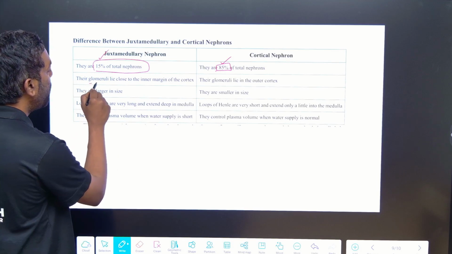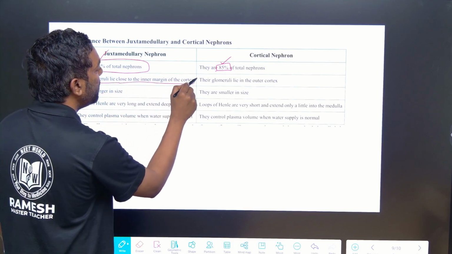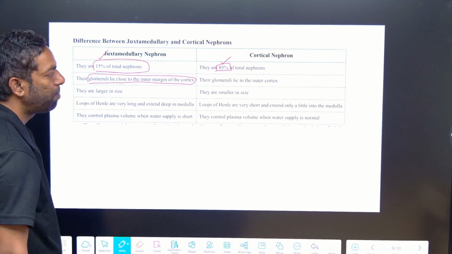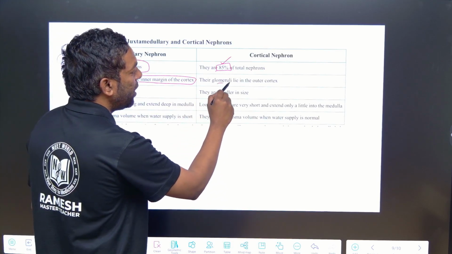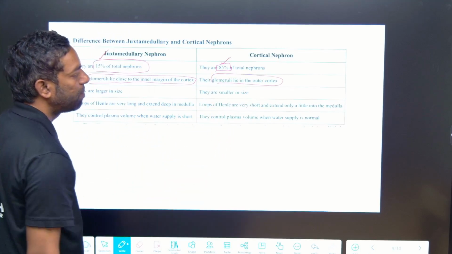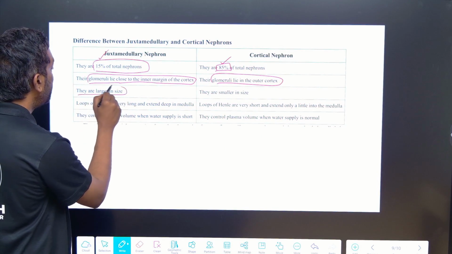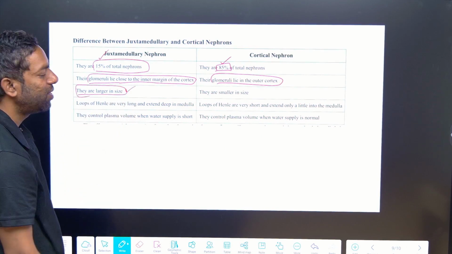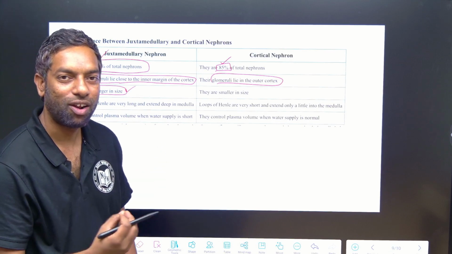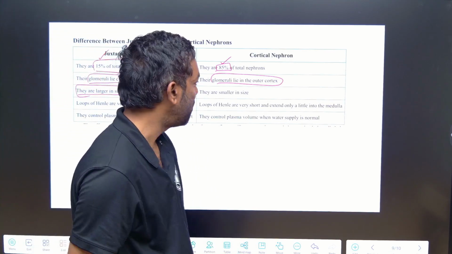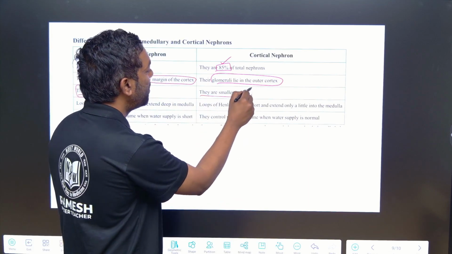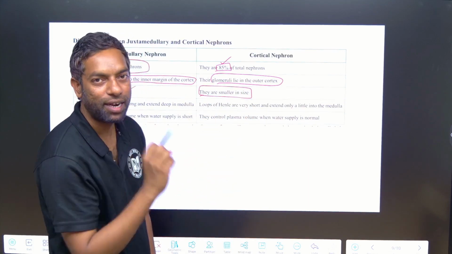The glomeruli of cortical nephrons are close to the margin of the cortex, in the outer cortex, and they are smaller in size with a reduced Henle loop. Juxtamedullary nephrons are larger, and their Henle loop is very elongated.